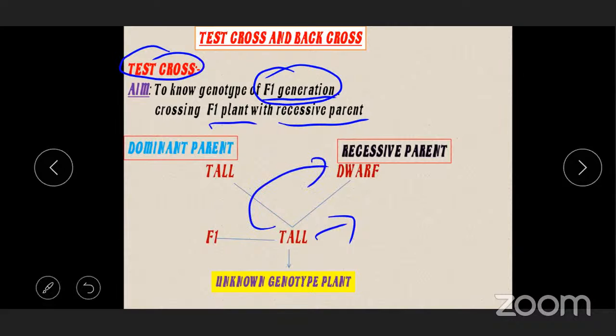If this tall is crossed with dwarf, in the next generation, if the ratio is 4:0, this tall is homozygous tall, capital T, capital T. Or if the ratio is 1:1, this tall is heterozygous tall. We can identify the genotype of the F1 plant easily by using the test cross.